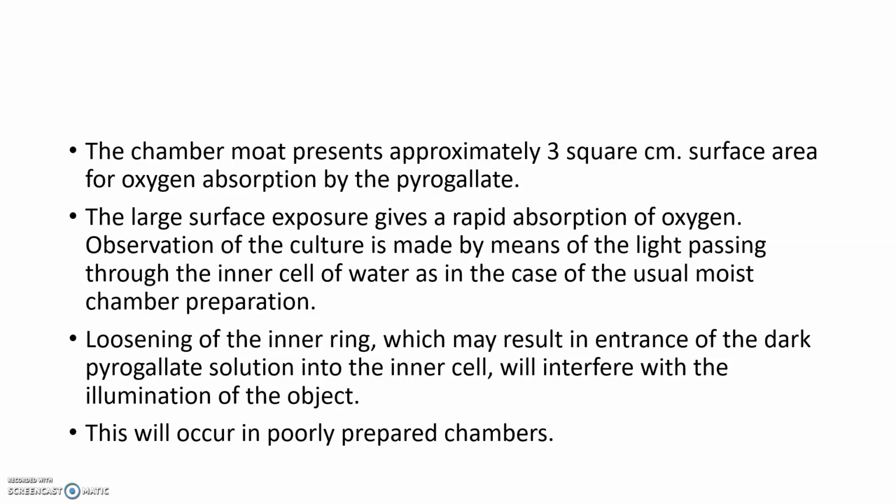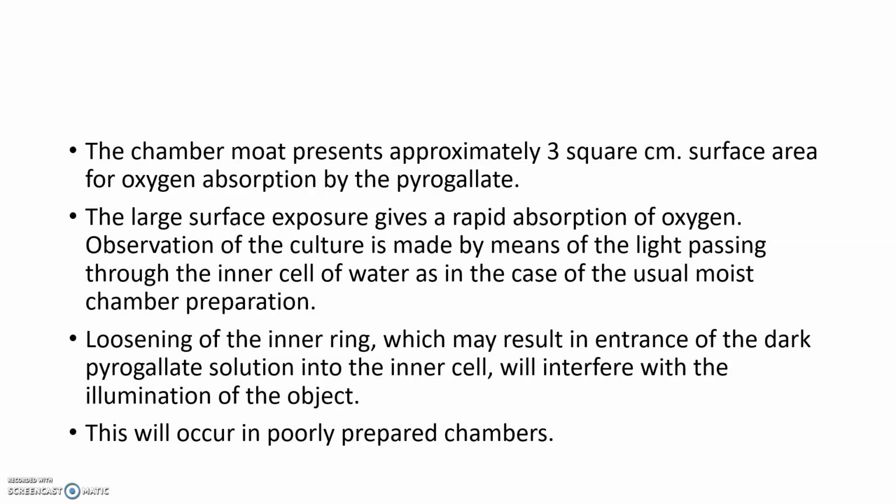Observation of the culture is made by means of light passing through the inner cell of water, as in the usual moist chamber preparation. The loosening of the inner ring, which may result in the entrance of the dark pyrogallate solution into the inner cell, interferes with the illumination of the object, and this will occur in poorly prepared chambers.